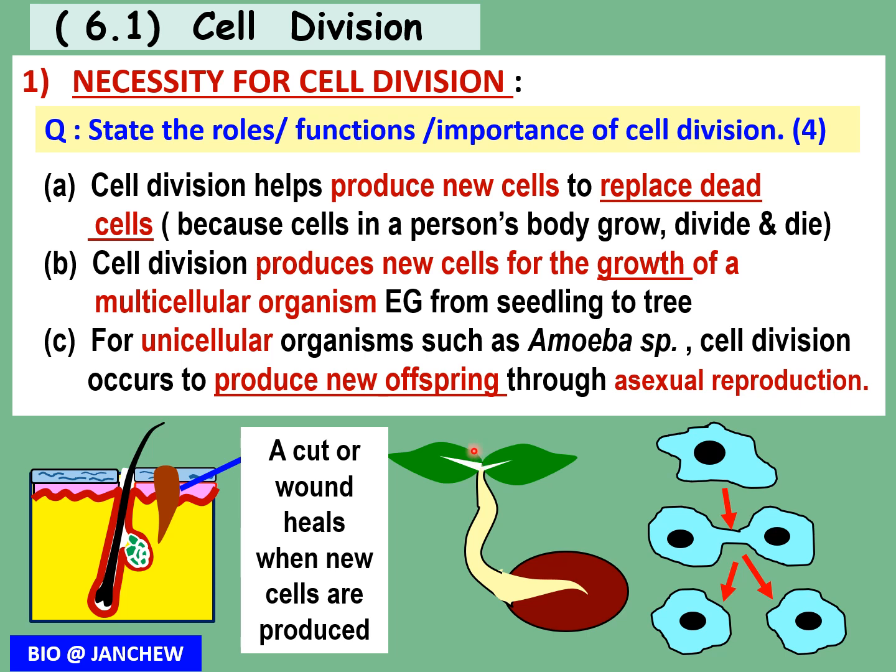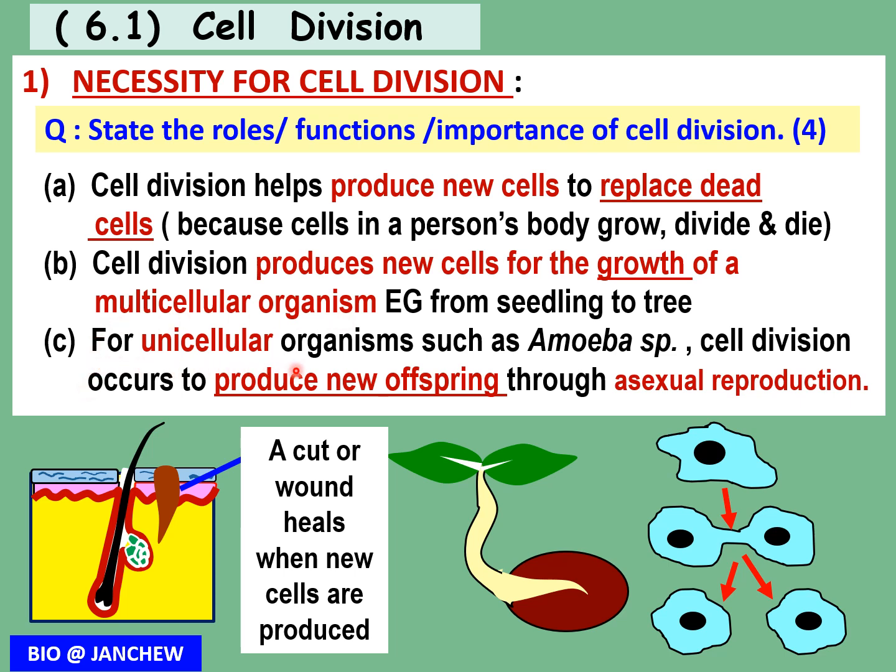I can take the example of a zygote that is formed through fertilization. To develop into a fetus and a baby, it will need to carry out cell division and produce more cells for its own growth. Okay, so cell division produces new cells for the growth of a multicellular organism.